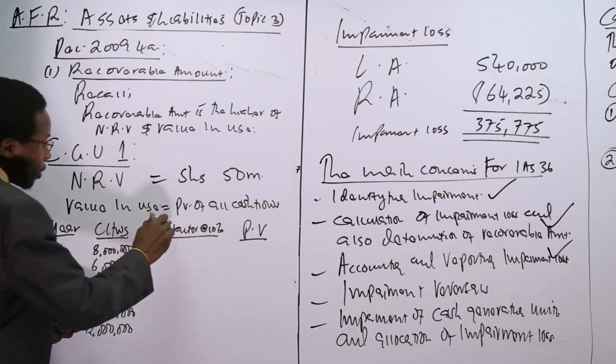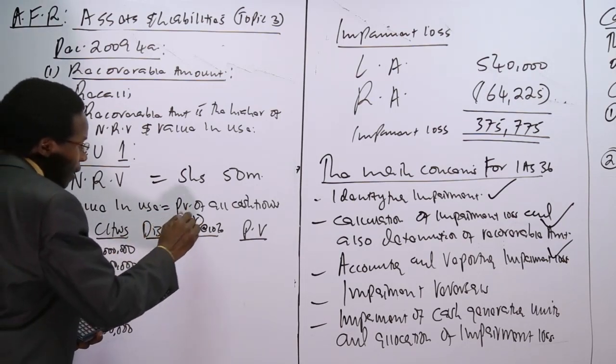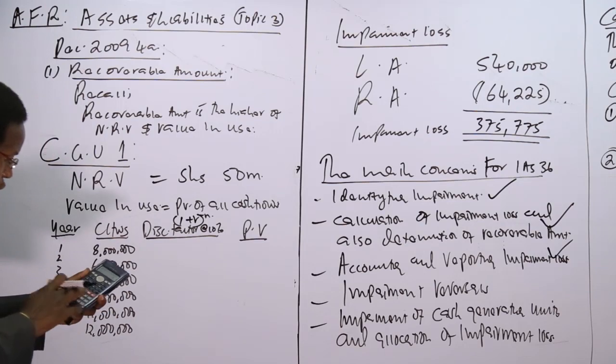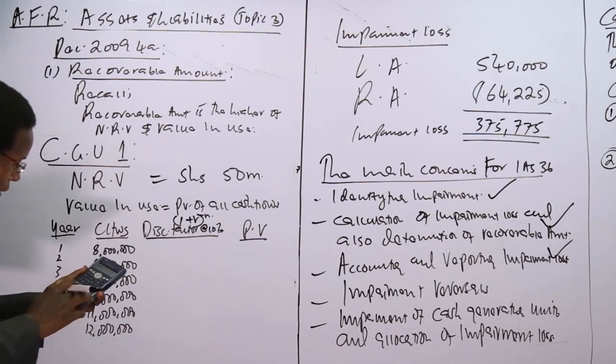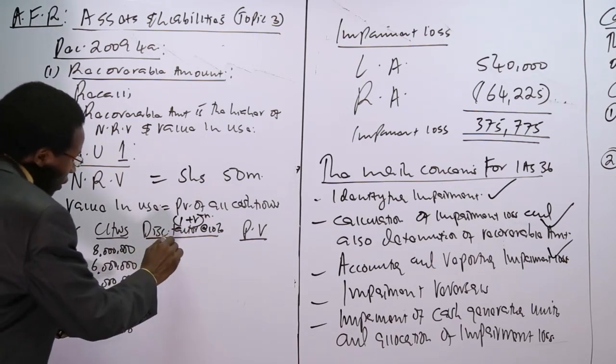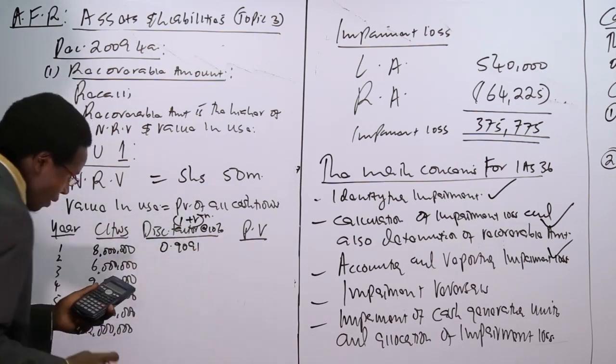We need to use our calculator. The factor is 1 plus r raised to n, so 1.1 raised to 1 gives 0.9091.